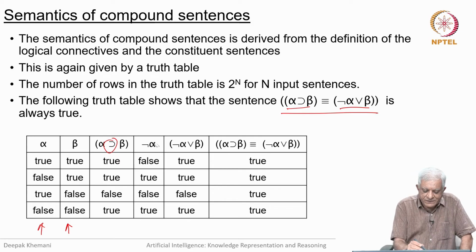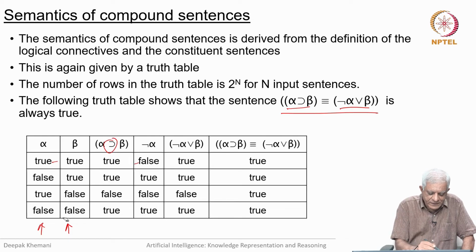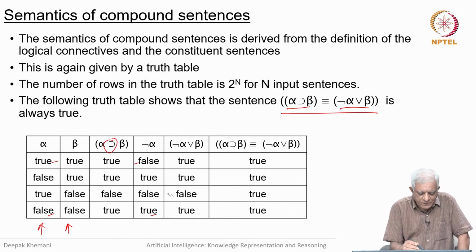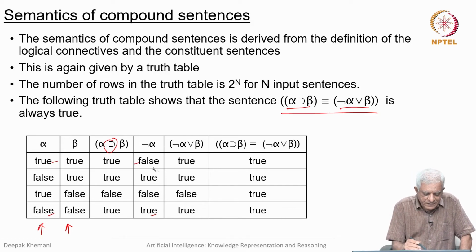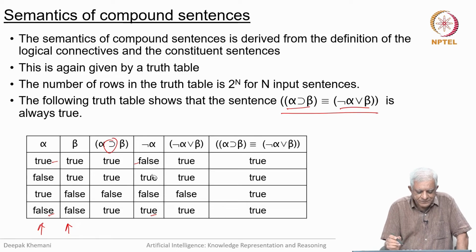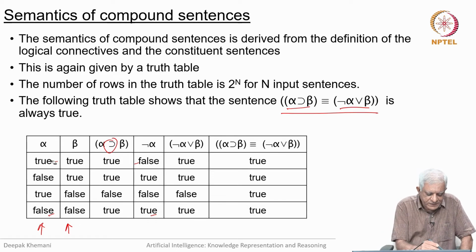This is the definition of not alpha. So, you can see that whenever alpha is true, not alpha is false, and whenever alpha is false, not alpha is true. So, it is true here and false here and here.